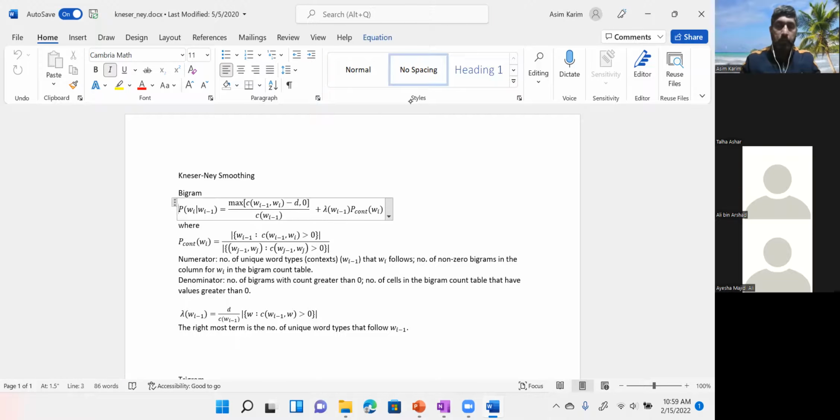Yes, sir. Okay. So I've written the Kneser-Ney formula here. The first part is, of course, the absolute discounting. The second part is the interpolation, lambda, and the unigram probability. So the unigram probability is given by this formula here, P continuation.